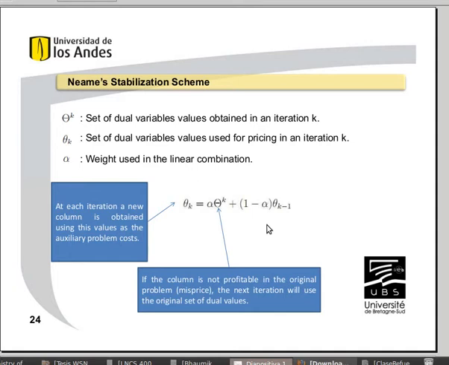By using this method, the auxiliary problem costs differ from the typical column generation algorithm, and he obtained interesting results regarding the acceleration of the column generation algorithm.